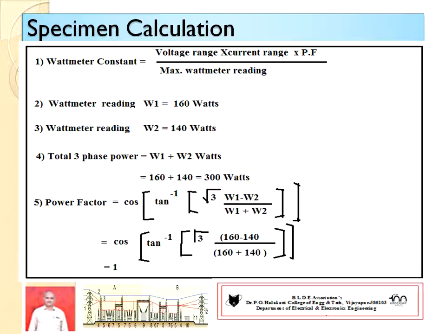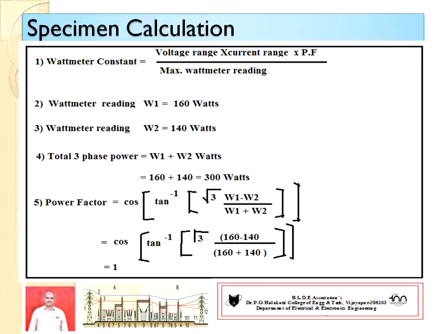Lastly, you have to calculate the power factor, by using cos phi, where we use the expression tan phi equal to root 3 (W1 minus W2) divided by (W1 plus W2).